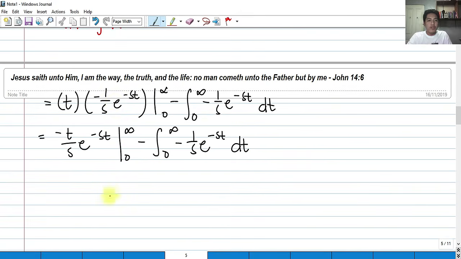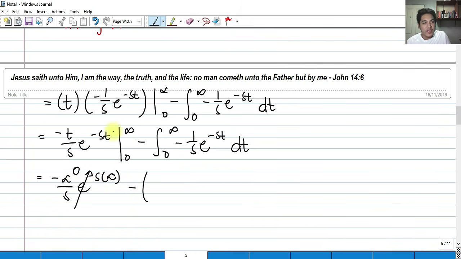If I'm going to substitute infinity and 0 as the upper and lower limits in this term, we have negative infinity over s, e raised to negative s multiplied by infinity. We know that e raised to negative s multiplied by infinity is equivalent to 0, and 0 multiplied by this is simply 0.